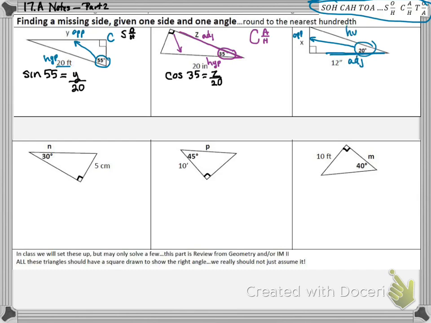My hypotenuse is over here, but it has no number and no letter, so it's not very helpful to us this time. Of those 3, the only one that does not deal with the hypotenuse is tangent. Tangent is the opposite over the adjacent. So the tangent of the only angle I know equals the side opposite from that over the side adjacent to that.